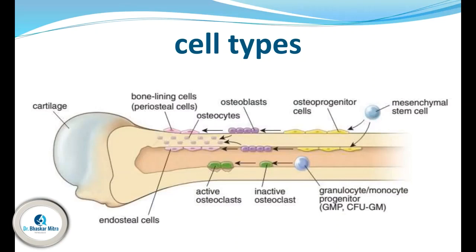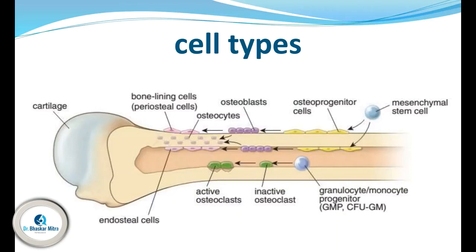What we first learned in the periosteum, the osteoprogenitor cells lie on the inner side of the periosteum. Now, these osteoprogenitor cells may differentiate into two types of cells, or rather, three types of cells. One is the osteoblast, which ultimately gives rise to the osteocyte.